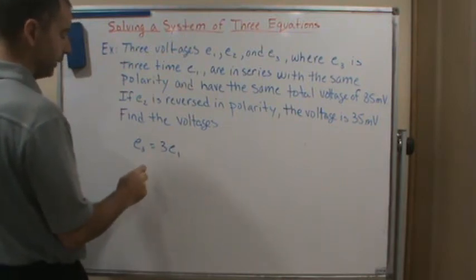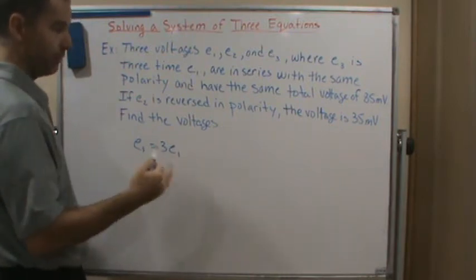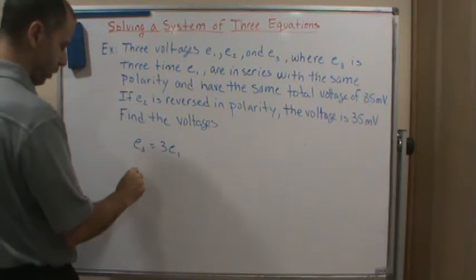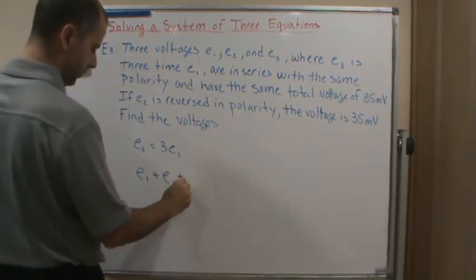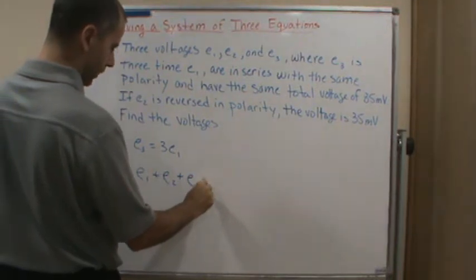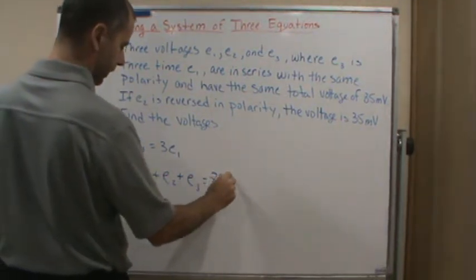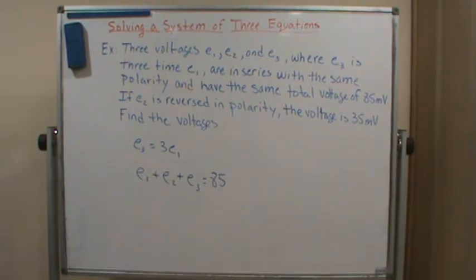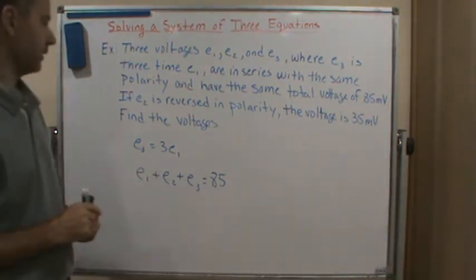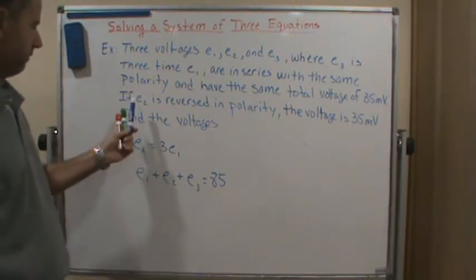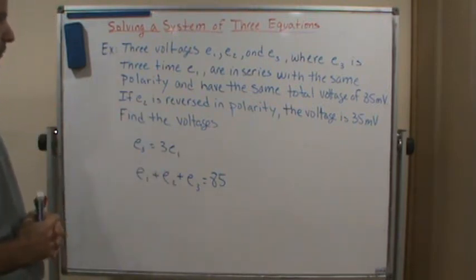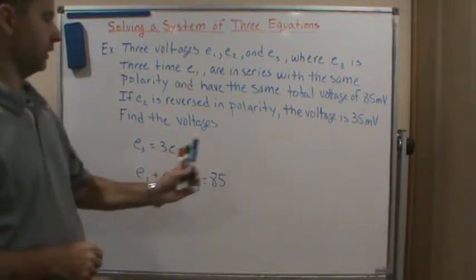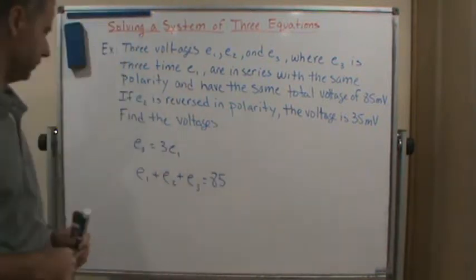So we have the total millivolts. So E1 plus E2 plus E3 equals 85. Okay, now let's continue reading. It says if E2 is reversed in polarity, the voltage is 35 millivolts.